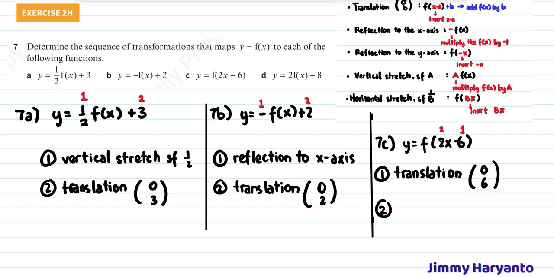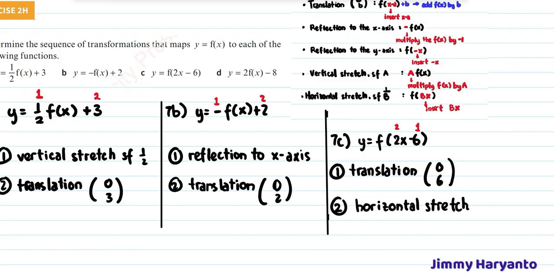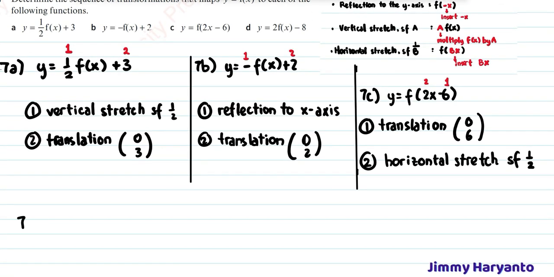Next, the second is horizontal stretch, scale factor of, remember, when you have 2 right there, that means the scale factor is 1/2. Okay, that is 7c.